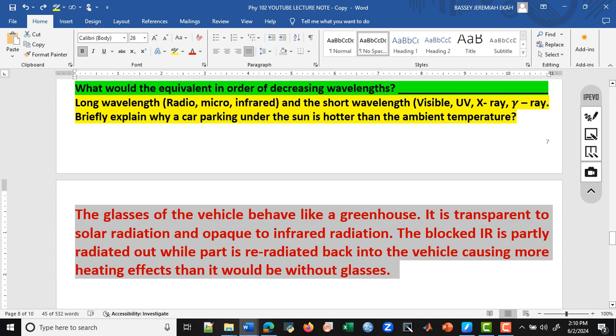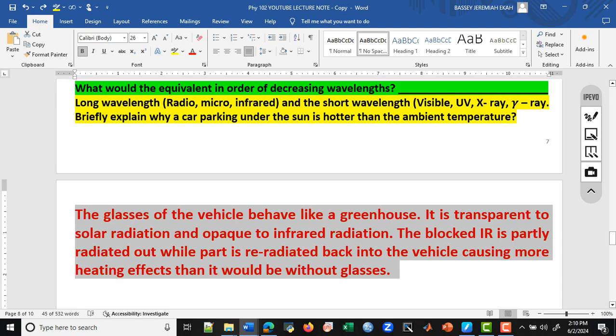So the radiation that comes from the sun, solar radiation, is in the UV section of the electromagnetic spectrum. So you see that it has the ability to penetrate through the glass.